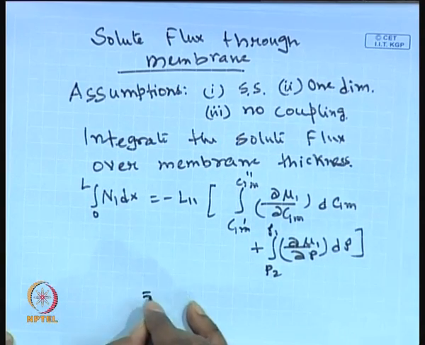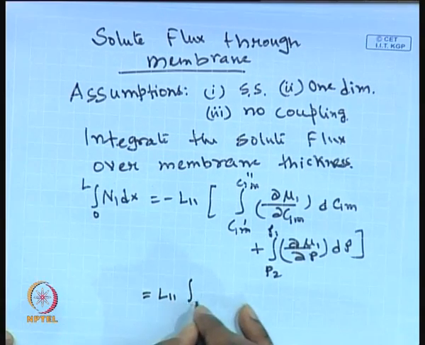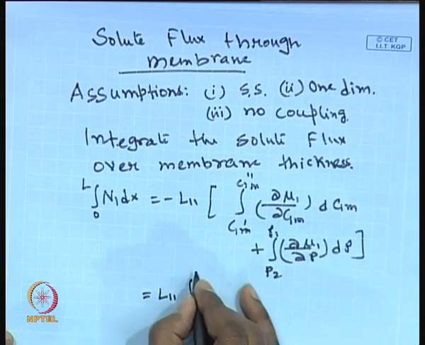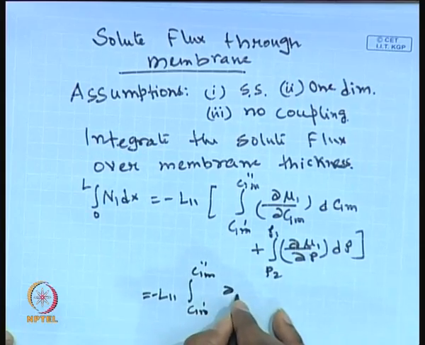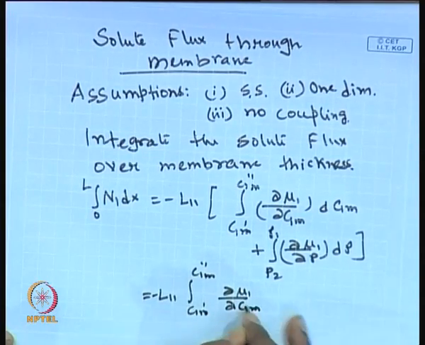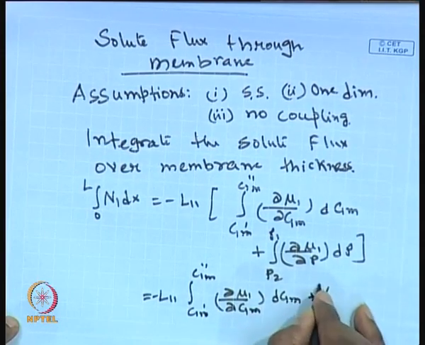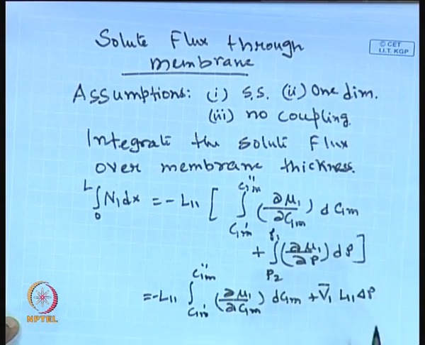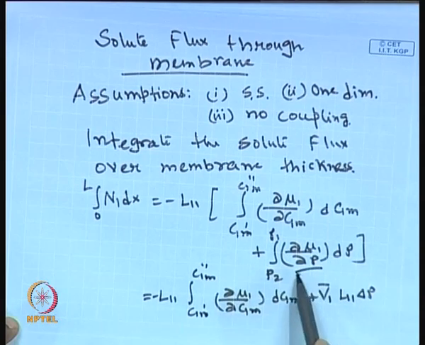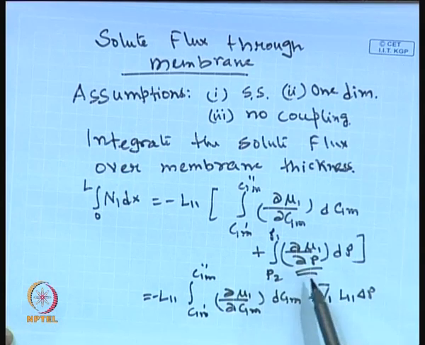So, you will be getting L11 times minus the integral from C1m prime to C1m double prime of del mu1 del C1m dC1m plus V1 bar L11 delta P. Okay. So, we invoke the definition of the molar volume of the solute and replace del mu1 del P in terms of the molar volume.